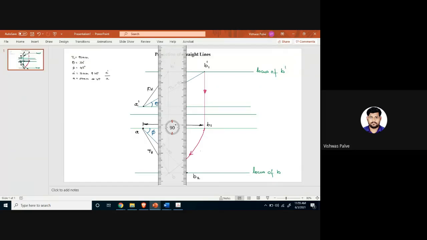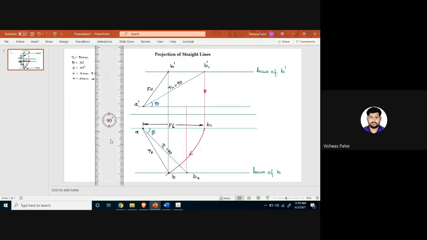When you take the vertical projection of the true length in the top view, which I have transferred, from here you will get the elevation length, EL. Suppose the point is B2, then here the notation will be B2 dash.